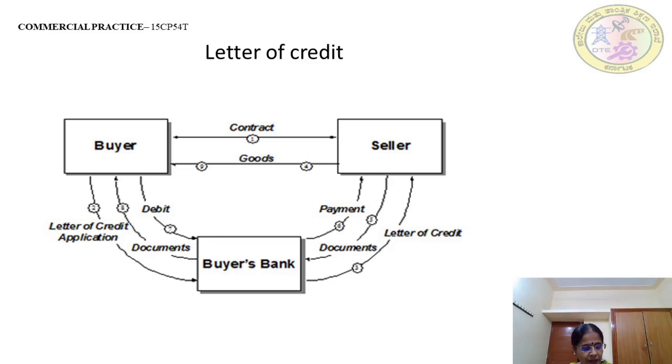So a letter of credit is issued by the bank that is payable. Once you get a letter of credit from the buyer's bank, it will be payable on presentation to any seller or to a correspondent of the issuer. That is called a letter of credit.